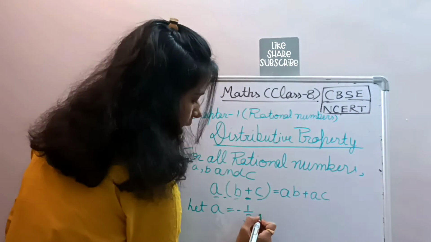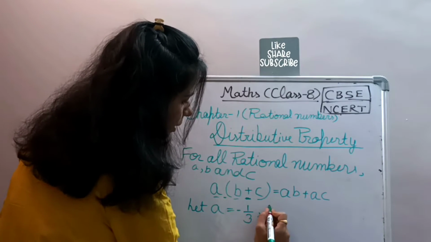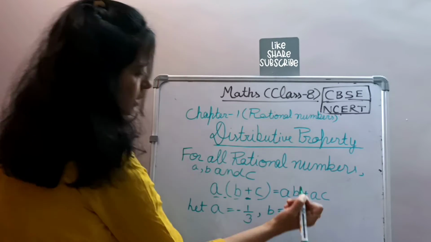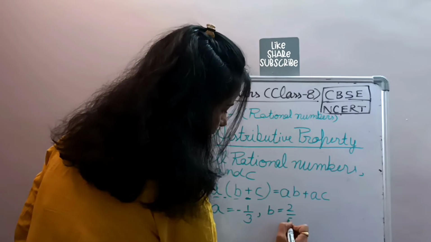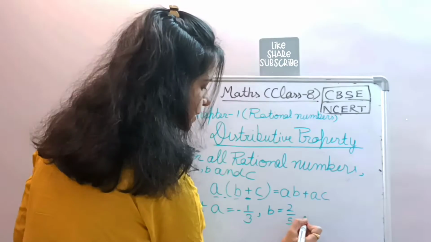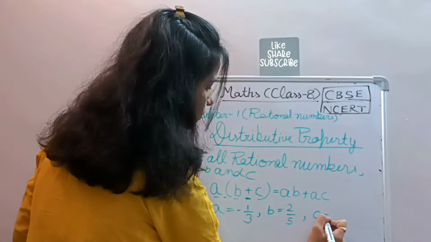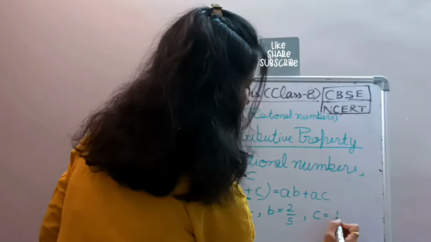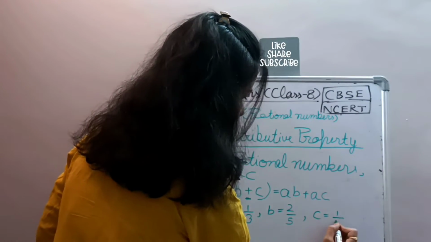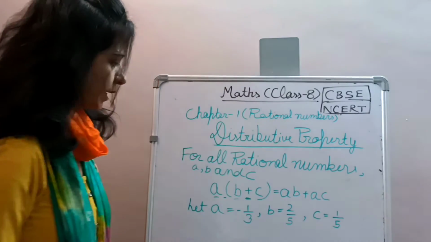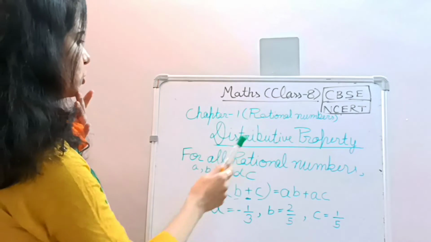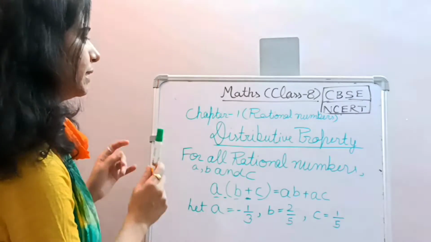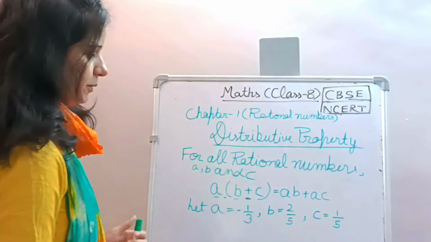And take another rational number, B is equal to 2 upon 5. And C is equal to 1 upon 5. Now, let's check the distributive property of multiplication over addition.